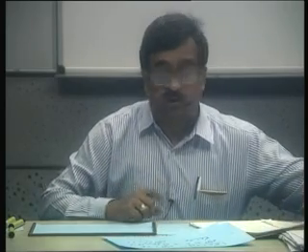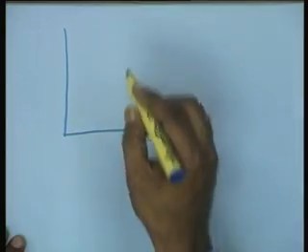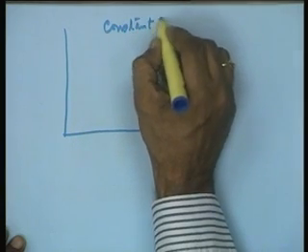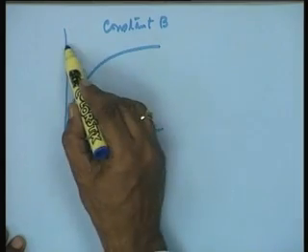Now, you can also look at these expressions in a graphical mode to have a better visualization. In the first case, when we are talking of constant B, your profile will be something like this.